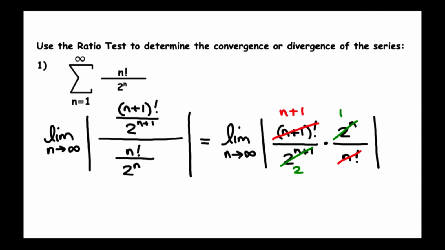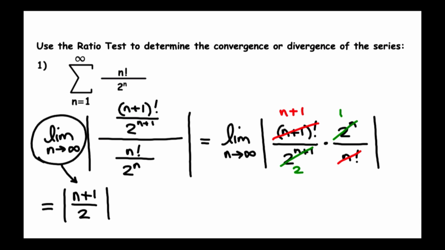So we have n plus 1 over 2. Now remember that it's the limit as n approaches infinity. We're plugging infinity in, so this actually will turn out to be infinity. Now we try the test. Infinity is greater than 1, therefore the series diverges.